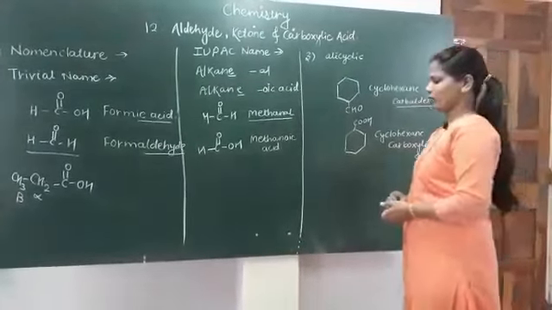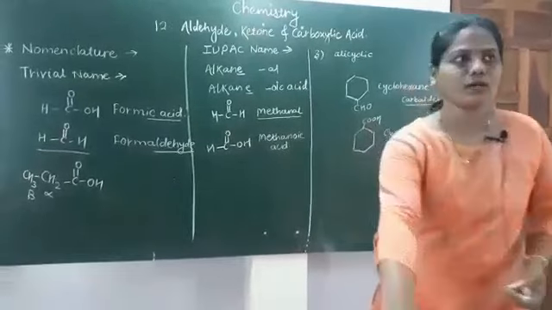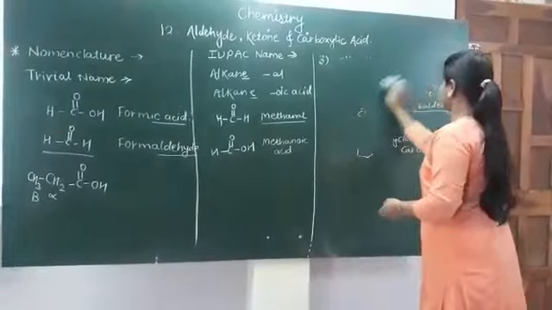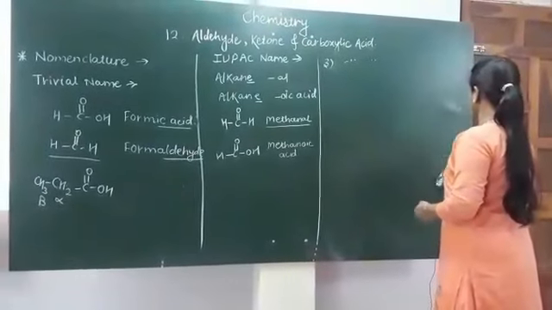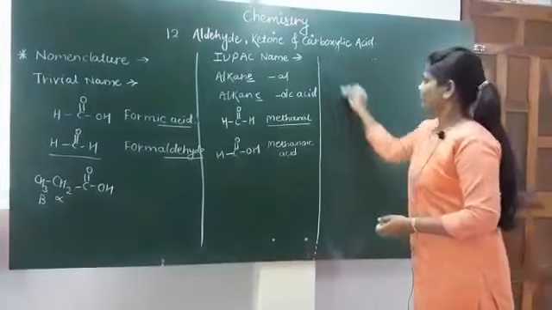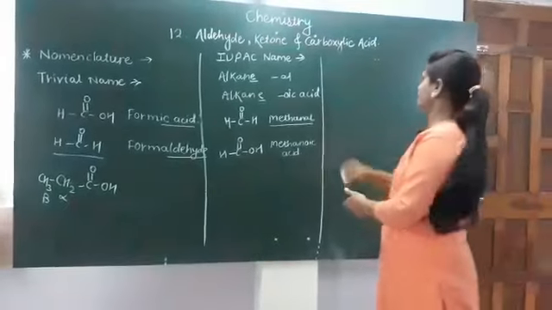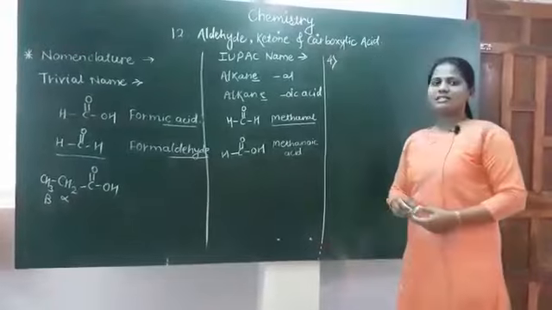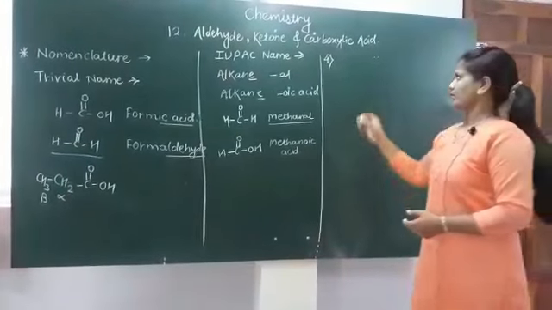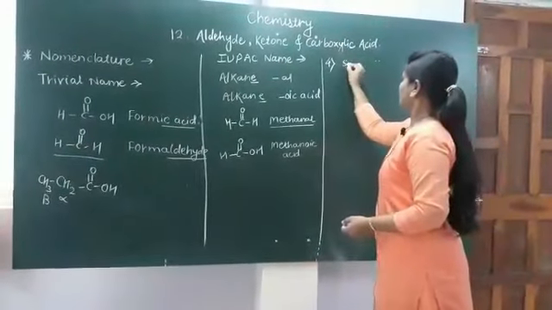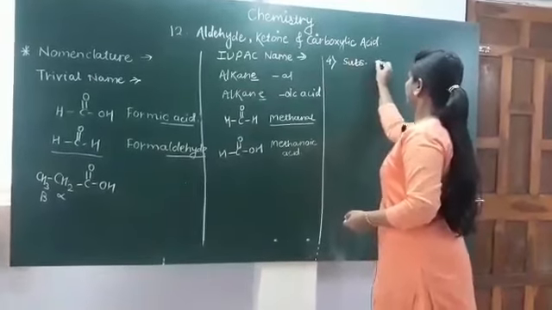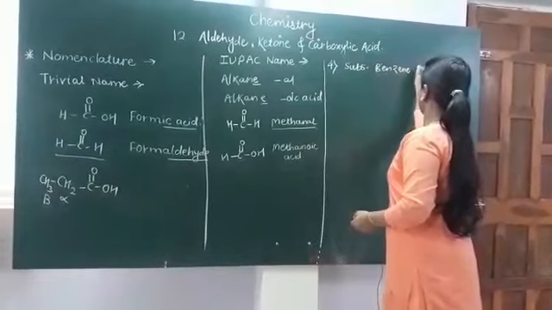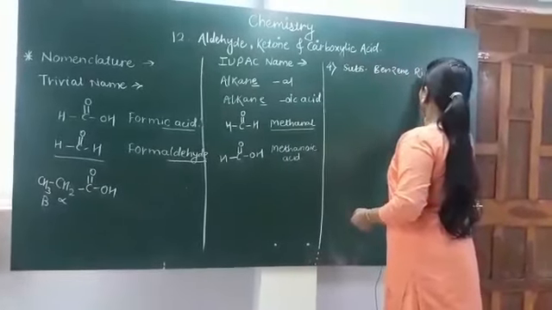Now the fourth rule for this, we have to note down in your notebook, that is, when the substituted ring is given of benzene, for a substituted benzene ring, how to write the name?